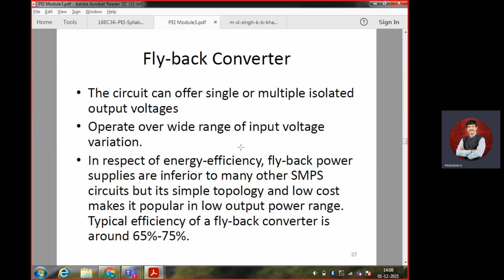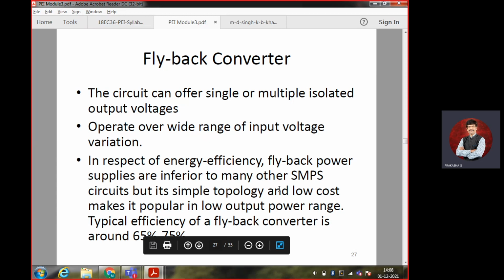In respect of energy efficiency, flyback power supplies are inferior to many other SMPS circuits. It is not that energy efficient compared with the others.